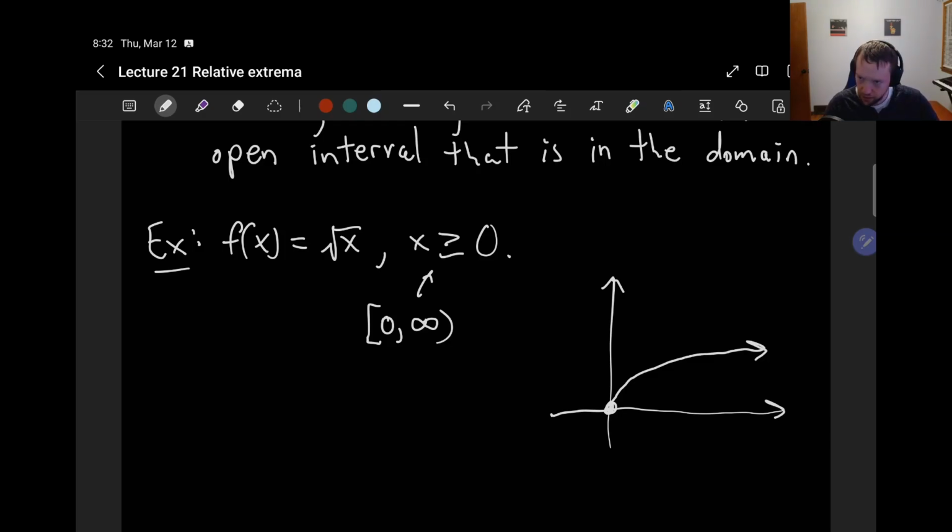So we still consider this to be a local minimum. It's still the smallest guy in its neighborhood. It's just that we're only open on one end because you can't really go open over here. There's nothing over here.